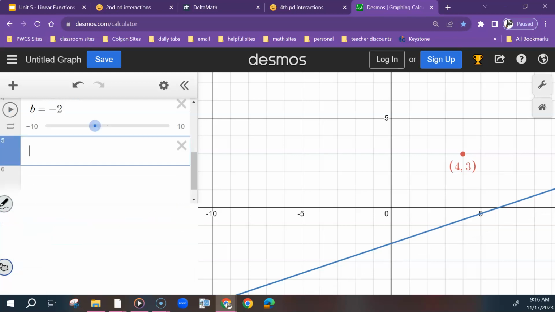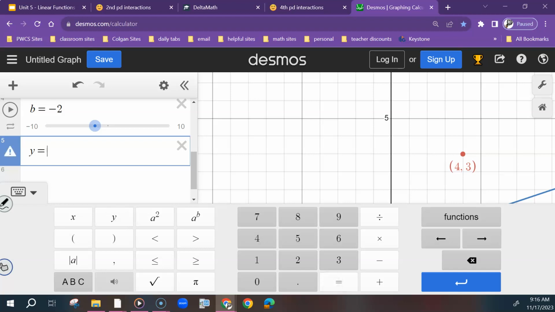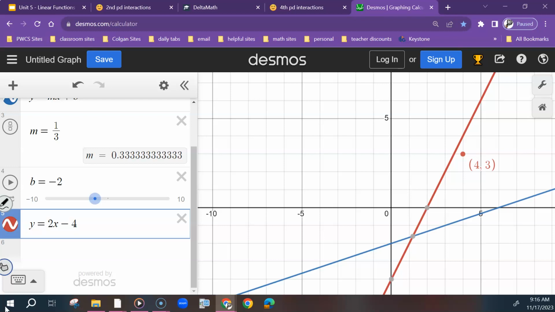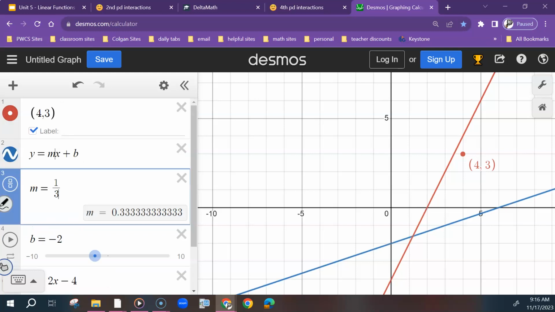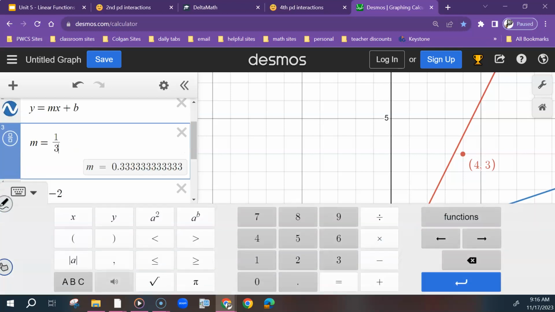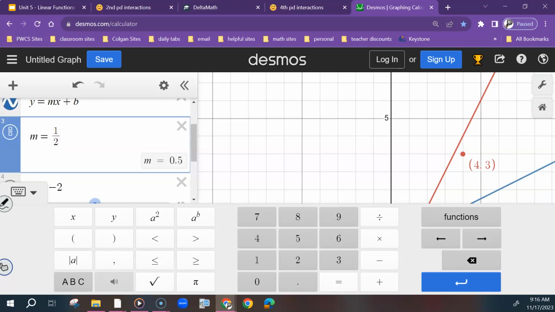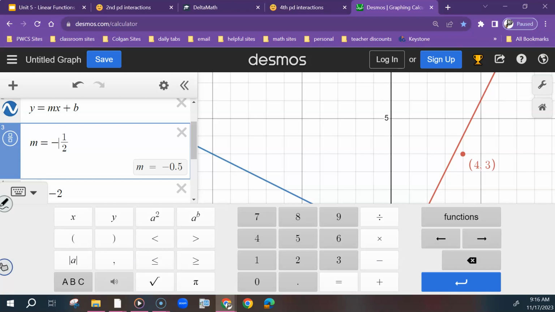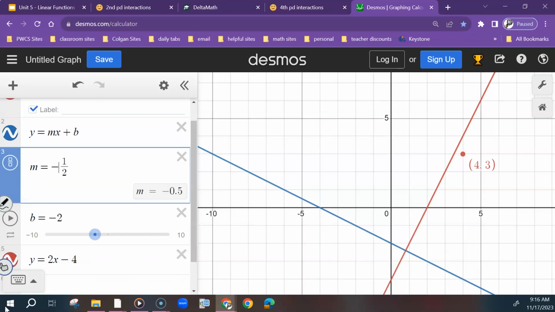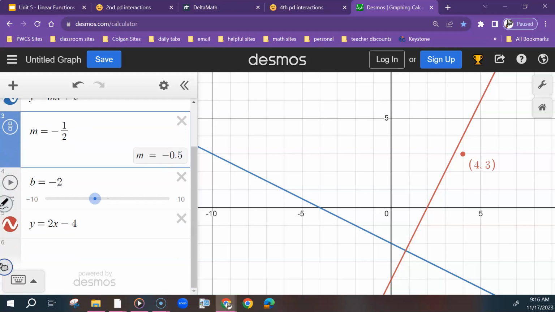The equation was y equals 2x minus 4. The negative reciprocal of this we found to be -1/2. So I'm going to change the slope to be -1/2. You see that the lines are crossing, but it has to go through that point in order to be perpendicular. So move it until it will.